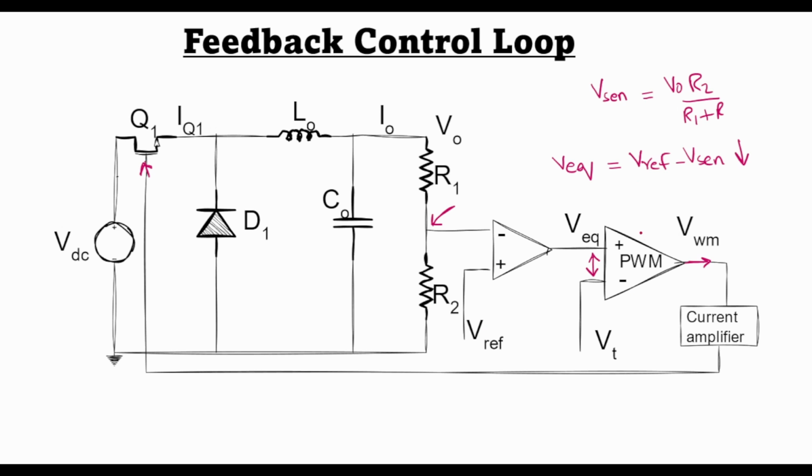So it's better to take some values. Let's say I want my reference voltage to be 5 volt, and what I am sensing here right now is 4 volts. So VEQ would be equal to 1 volt.